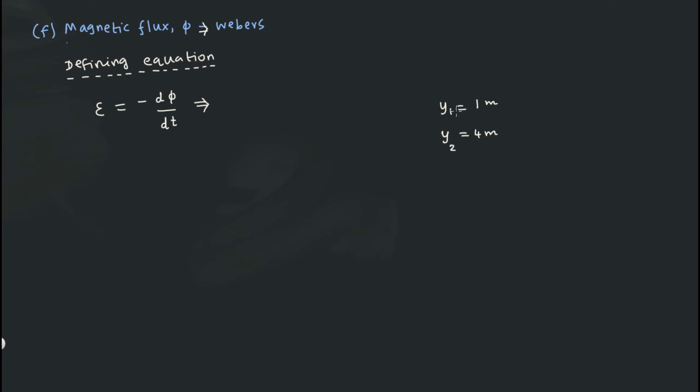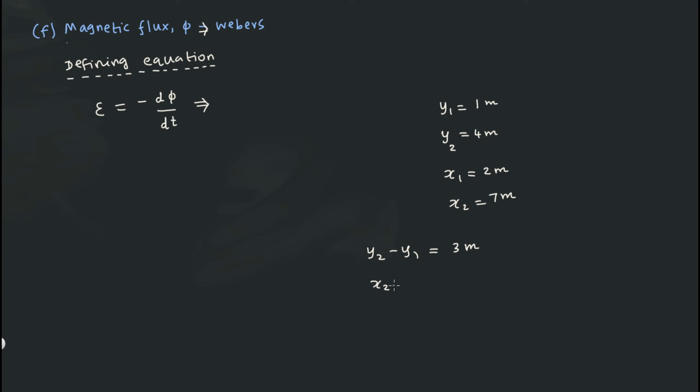If you have numbers like y1 and y2 as this, and similarly x1 equal to, let us say, 2 meter, and x2 equal to, let us say, 7 meter, for example. Then tell me what is y2 minus y1. y2 minus y1 will be 4 minus 1, so that will be 3, but after subtracting, meter will be there.